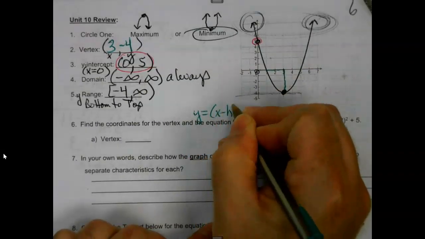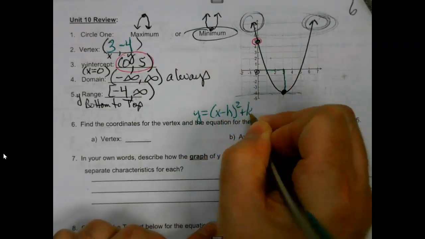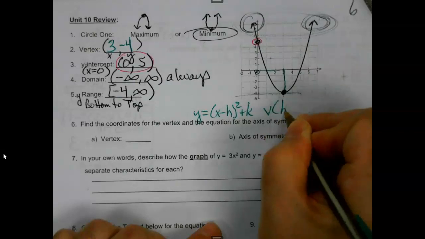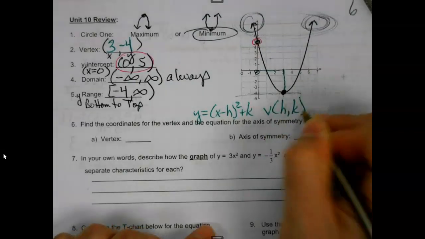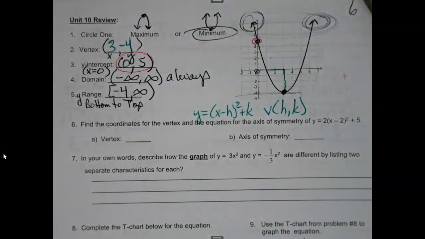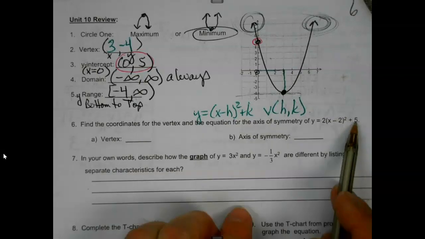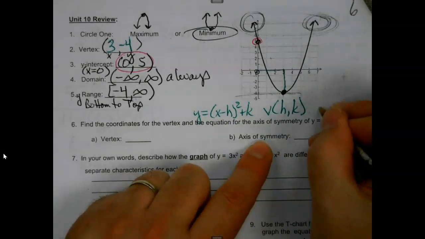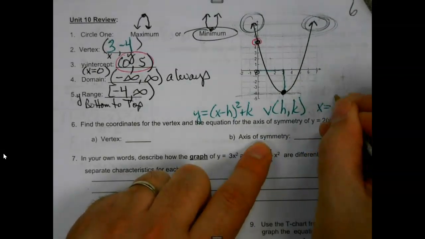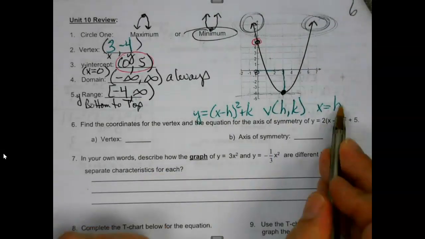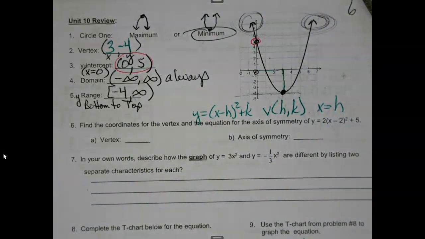We just had this on the last page, but your vertex is right there in the formula. There's the H, there's the K. And your axis of symmetry is just that same H value once again.